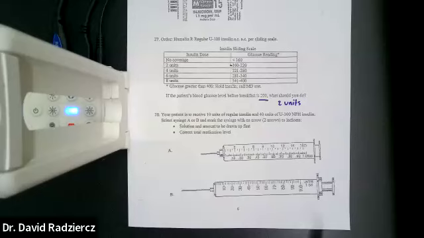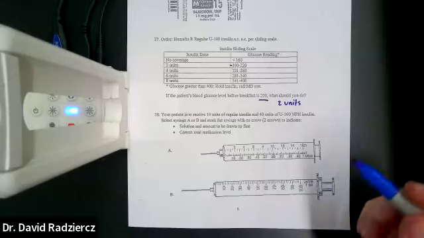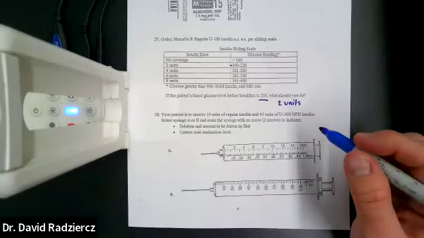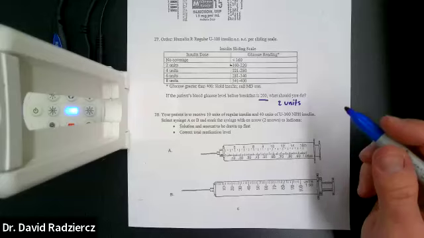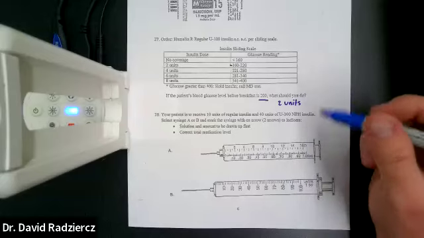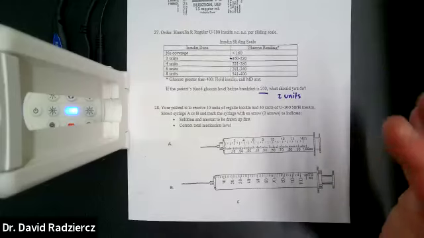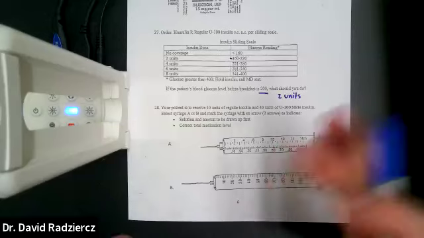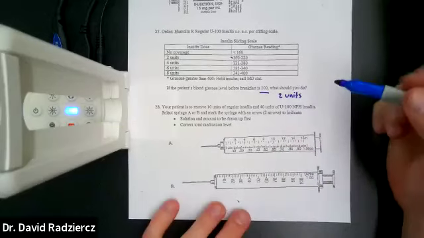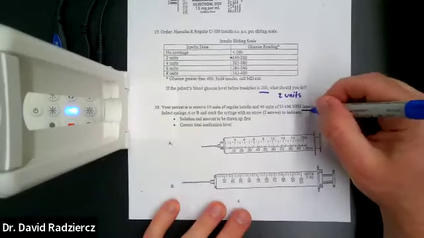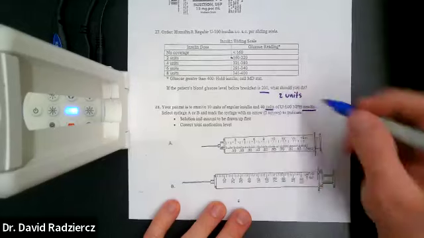So I'm going to show you first what you will probably see in regards to your test on Blackboard. It'll probably just be drop a point at the total, and then it'll probably just be 1 syringe, or it might even just choose between 2 syringes. So when you're dealing with insulin, insulin's measured in units.